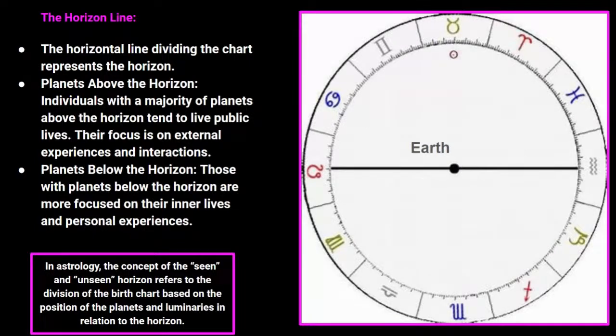So if you hear the term seen and unseen, that is in relation to the horizon and the division that it creates on the birth chart. And we already discussed the hemispheres. So right now we're looking at the southern one and the northern one down here.